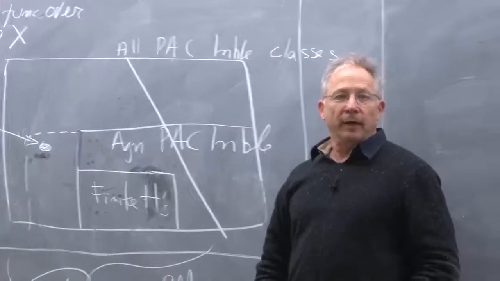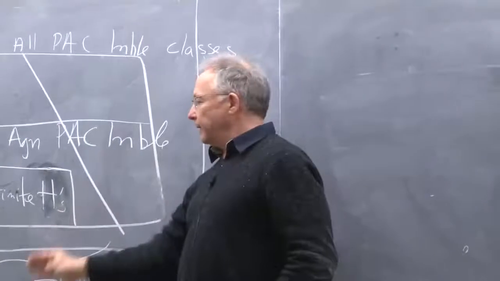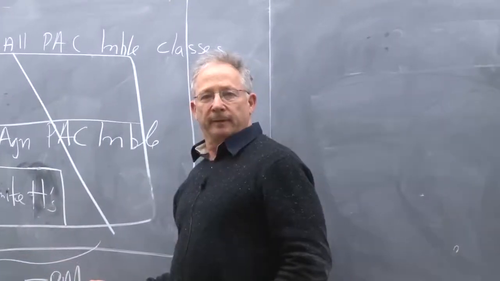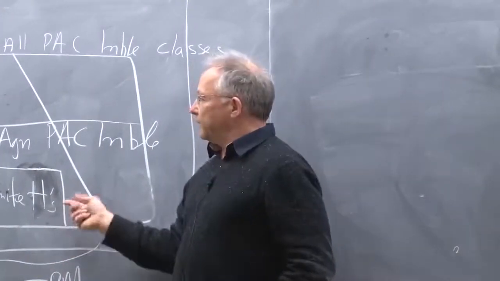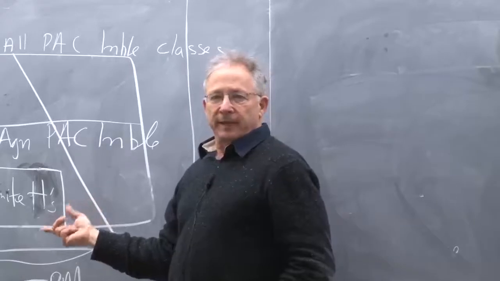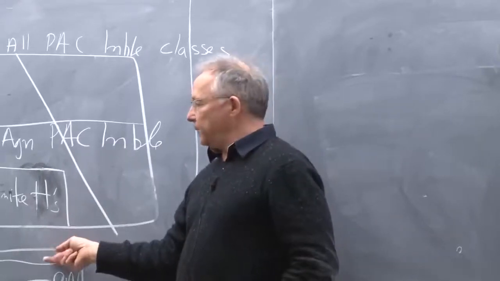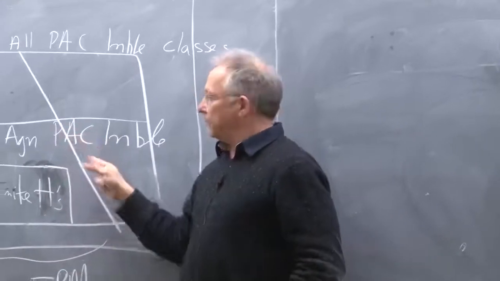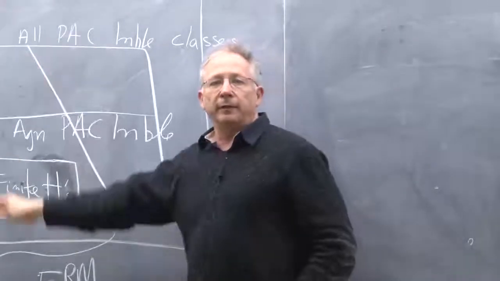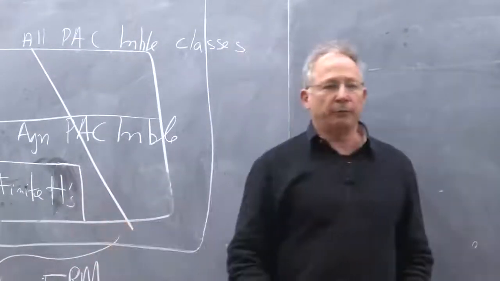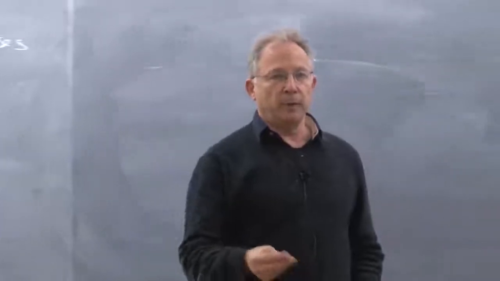And even more, everything which is learnable by ERM. So all of those three types of subsets, learnable by ERM, learnable, agnostic learnable, are all going to be the same family of classes.